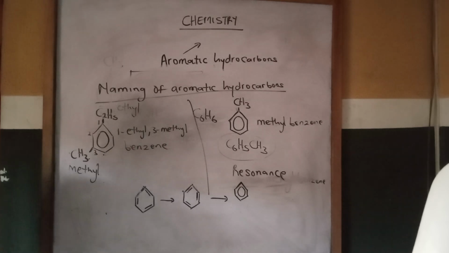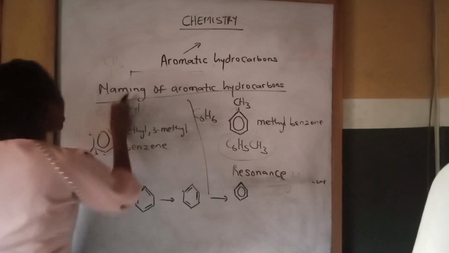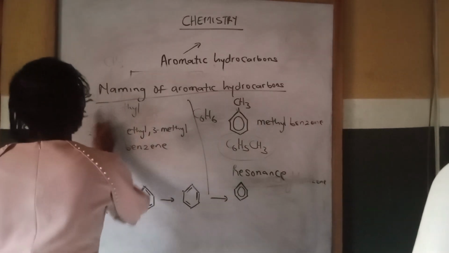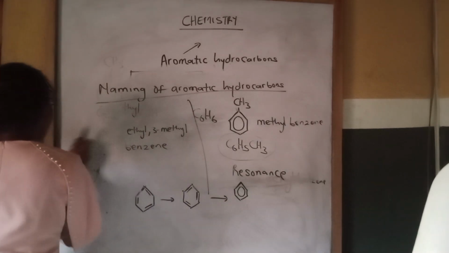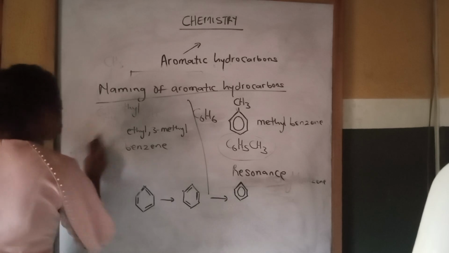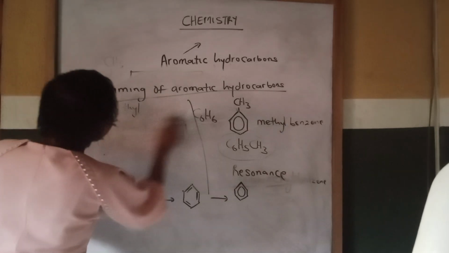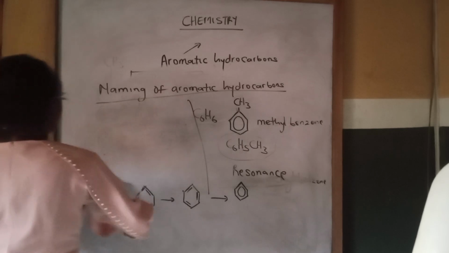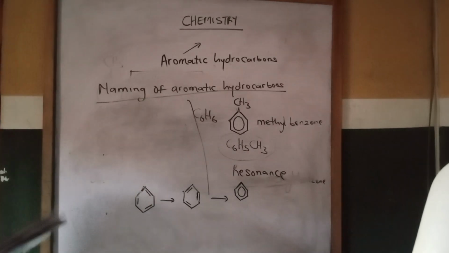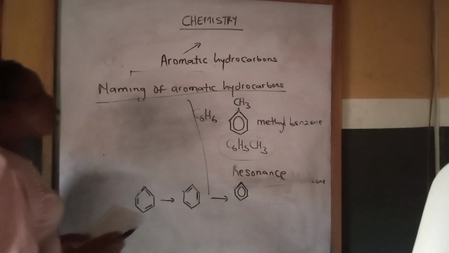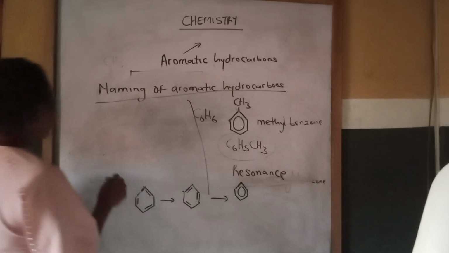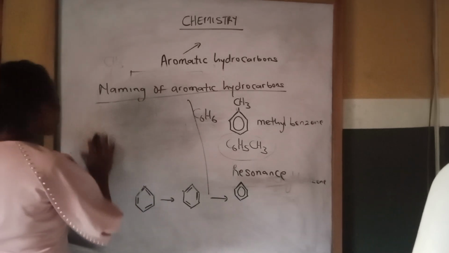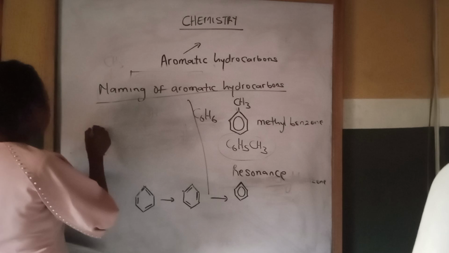Then we also have another structure, that is when two structures of benzene are joined together. When two structures of benzene are joined together, a compound called naphthalene is formed.